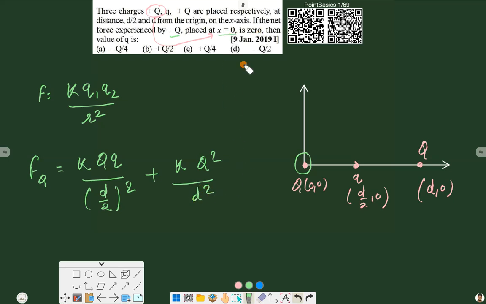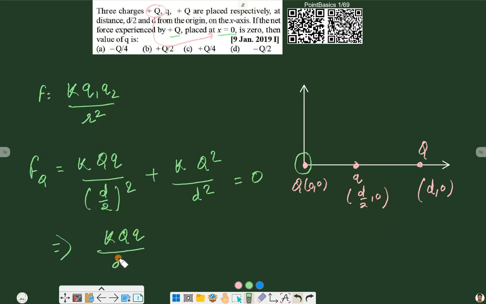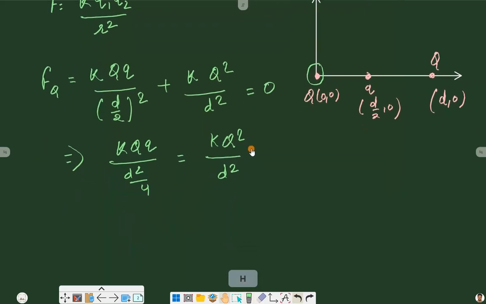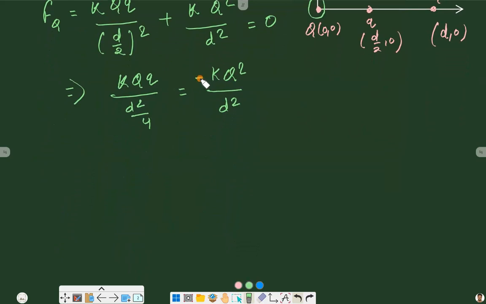As per the given, this is 0. Here we can easily cancel k, and adjusting the equation we get k q into 4 by d square is equal to k Q square by d square, with a negative sign. So k gets cancelled, Q gets cancelled, and d square gets cancelled.